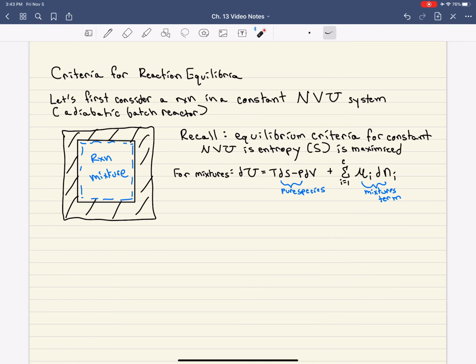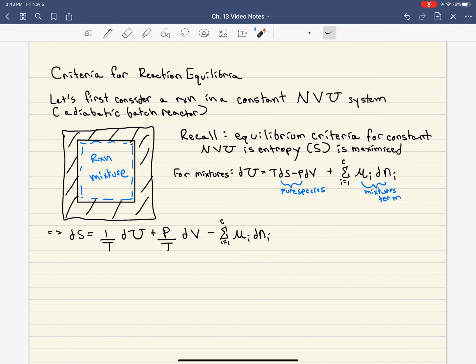All right, but we want to rewrite this equation in terms of entropy, so we just rearrange it. What we get is that dS is equal to 1 over T dU plus P over T dV minus the sum of mu sub i dNi. Okay? So this is the fundamental equation for entropy when you're dealing with mixtures.